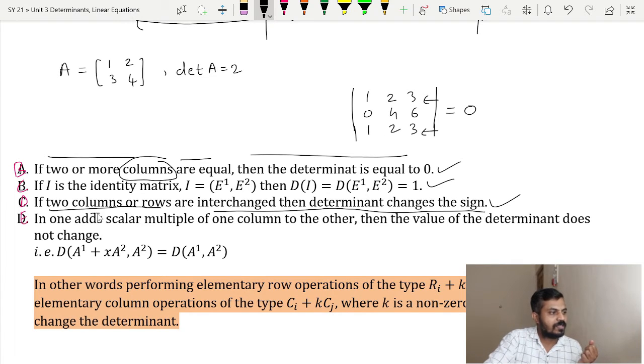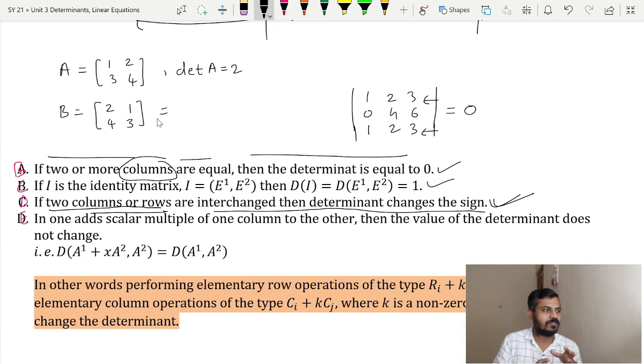Now this property says that if we interchange either two rows or two columns, then the determinant changes the sign. Suppose our matrix B is 2 4 and 1 3. What we have done here is simply interchanged the first column and second column. This result is also true for rows, as I have told you. So the determinant will change the sign.